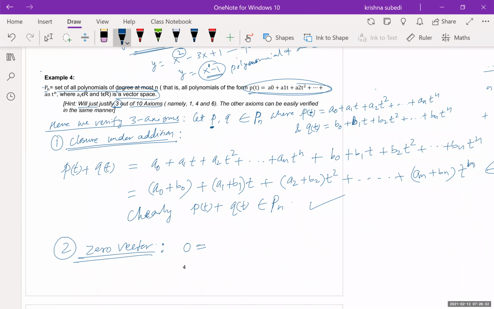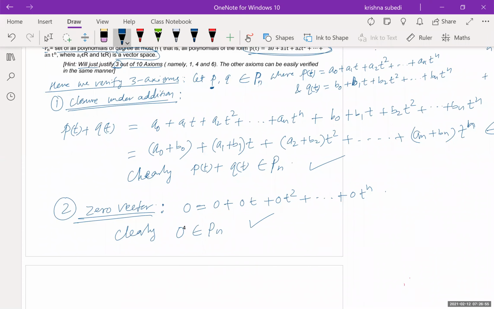We know that 0 can be written as 0 plus 0t plus 0t square plus all the way up to 0tn, right? So this 0 is also a polynomial of degree n. So clearly, 0 is a polynomial of degree n, so it belongs to Pn.